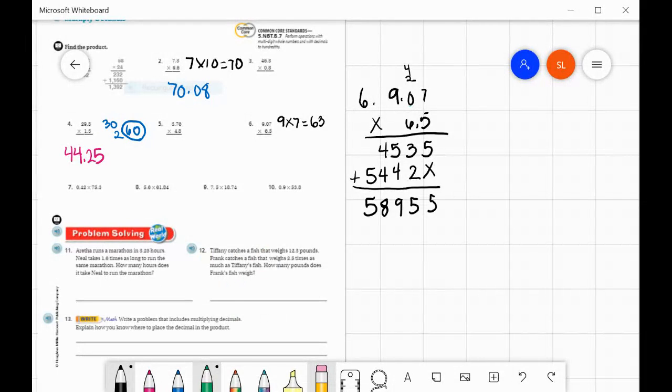We have 2 spaces behind this decimal and 1 here, so we're going to move our decimal 3 places: 1, 2, 3. So we're going to end up with 58.955.